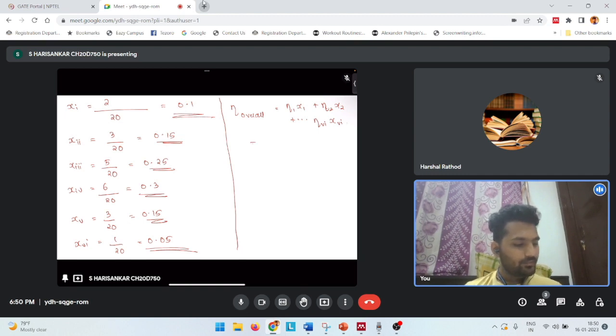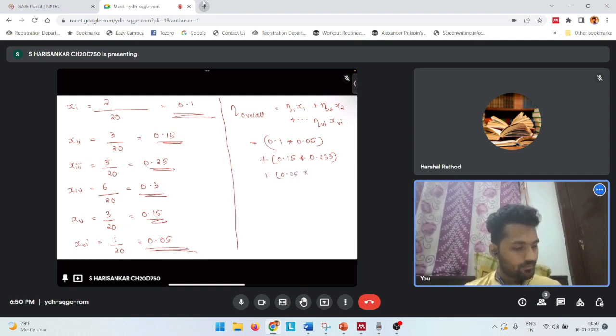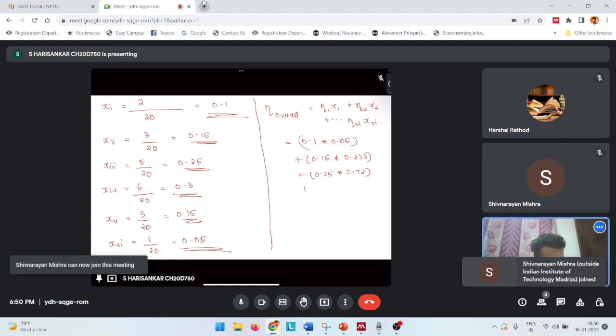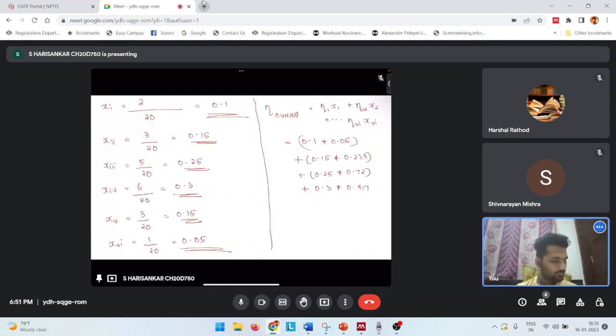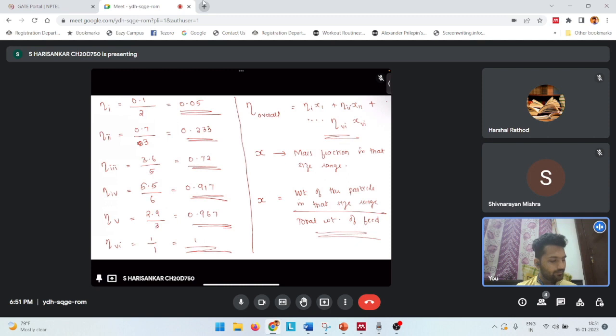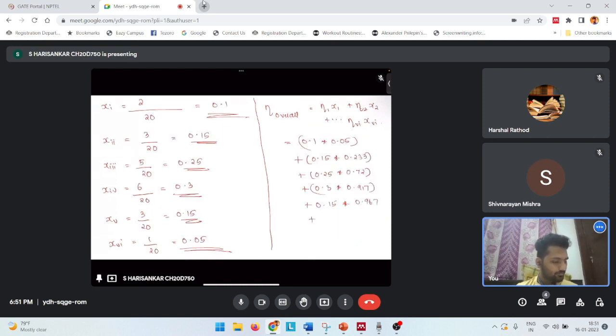So substituting this, we'll get 0.1 into 0.05 plus 0.15 into 0.233 plus 0.25 into 0.72 plus 0.3 into 0.917 plus 0.15 into 0.967 plus 0.05 into 1.